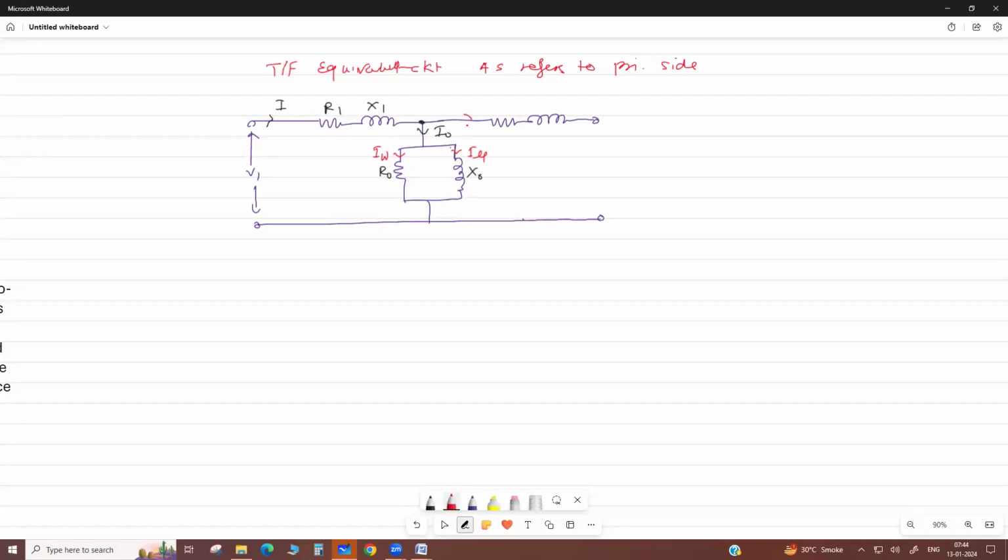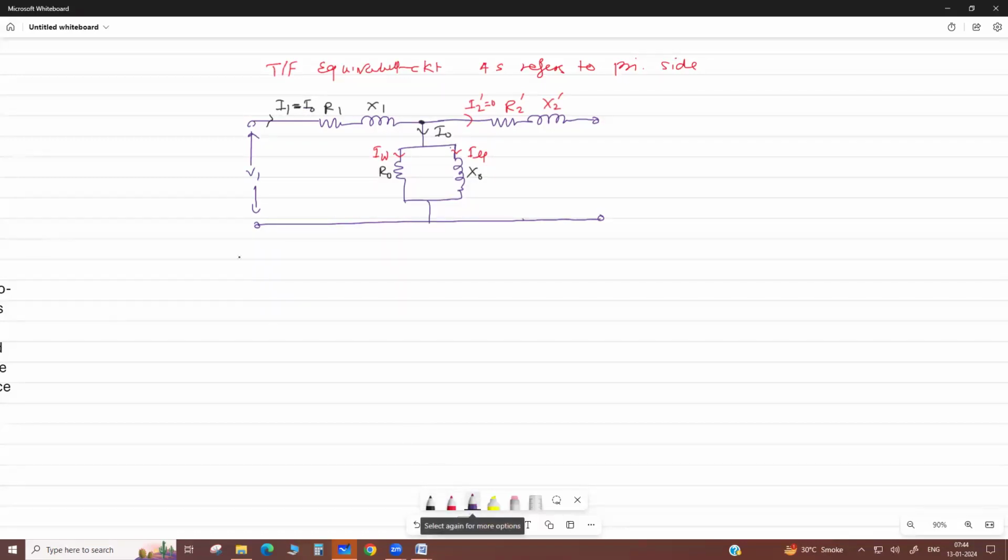Now at no load, the current here is I2 dash 0, R2 dash, X2 dash. If load is there, then we connect the load and this current will be there. Now in this case it is 0. That's why here this I1 is only I node at no load.